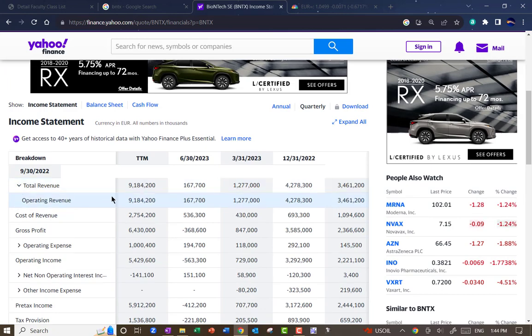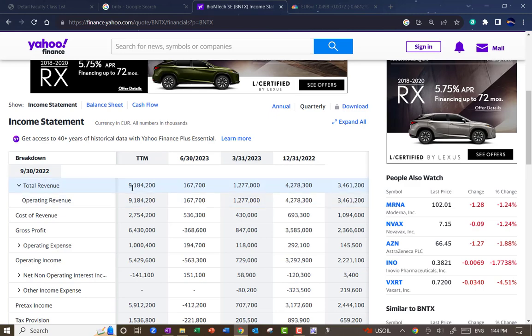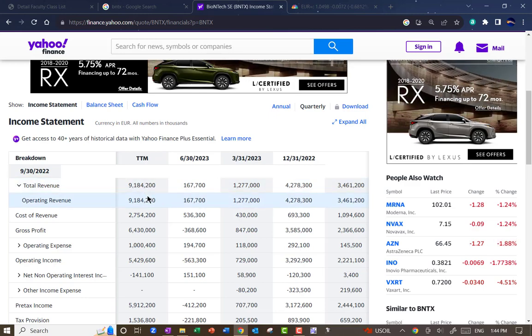Over the last 4 quarters, they had a total revenue of 9.1 billion in euros, okay?